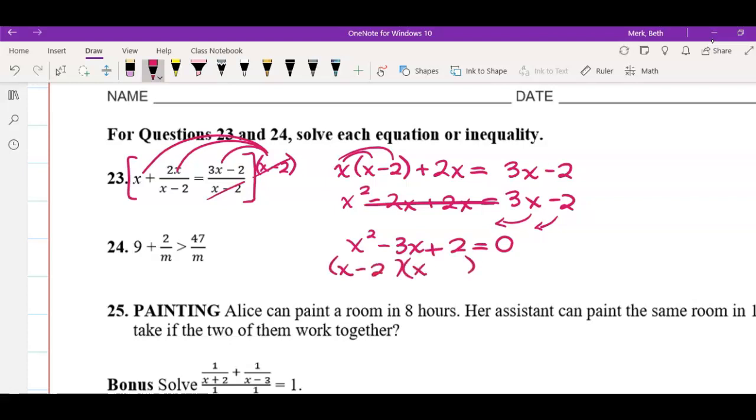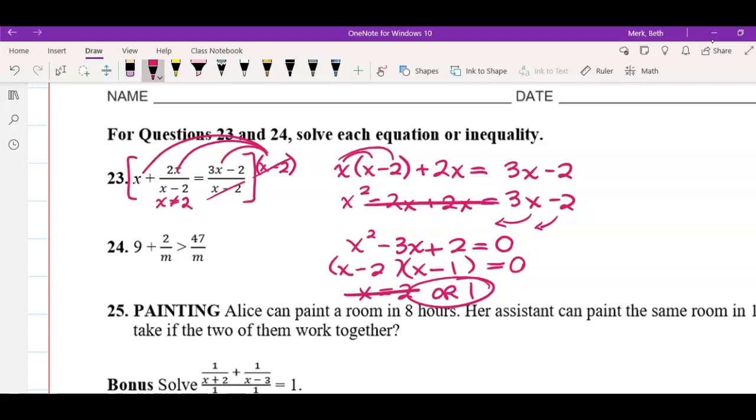X minus 2 times x minus 1 multiplies to 2 and combines to negative 3. This means x is 2 or 1. But remember, x cannot equal 2, looking back at the original problem. So x equals 1 for my final answer.